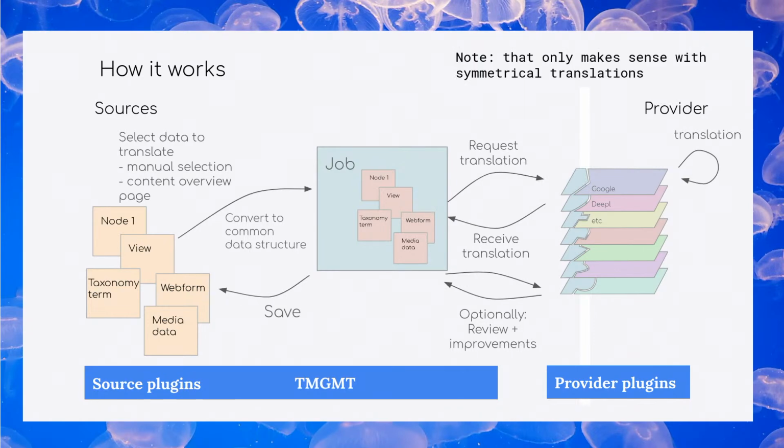Obviously, this only works if the translation is symmetrical, or no, synchronous. Is that the word? Synchronous? Like the structure of the page in the original language is exactly the same as the structure of the page in the end language. Like the title is the title, and then there is one text, which is one text, and one media, which is one media.